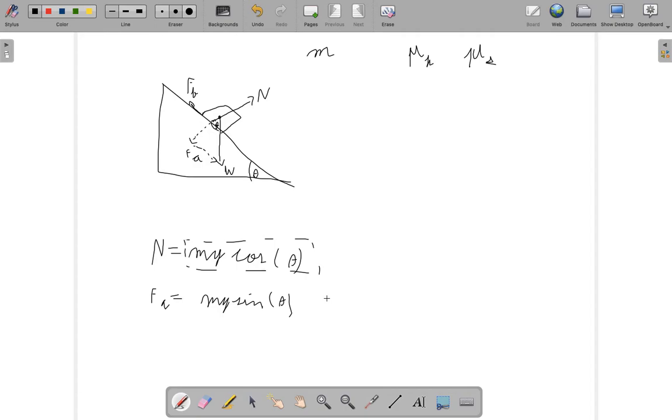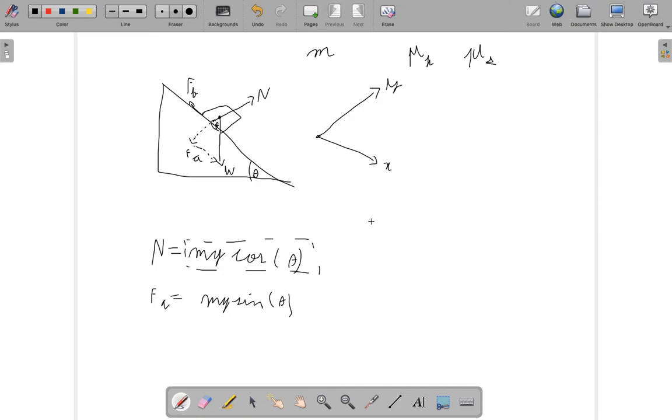But we have friction acting over here. So let's try and calculate the net force over here. So I'm going to use a little weird axis over here. I'm going to say this direction is our positive y-axis, and this direction here is our x-axis. So let's try and see what forces act in which direction.